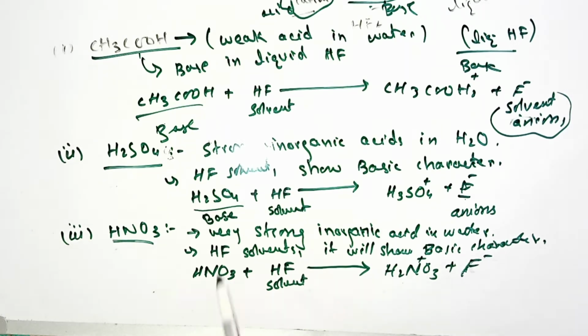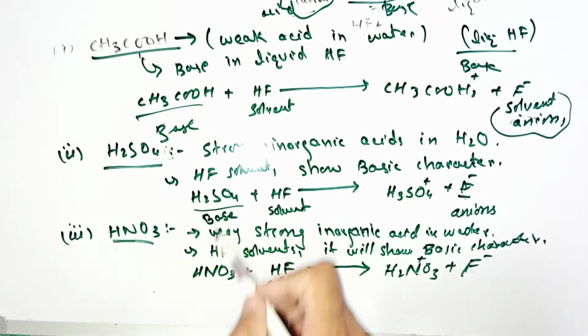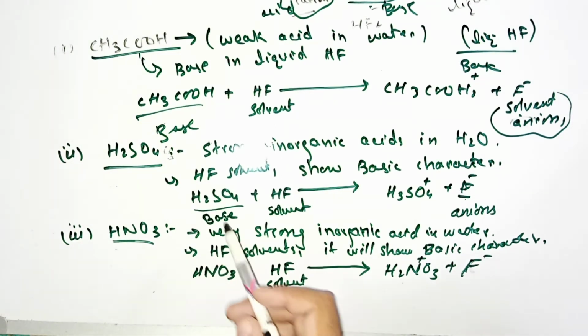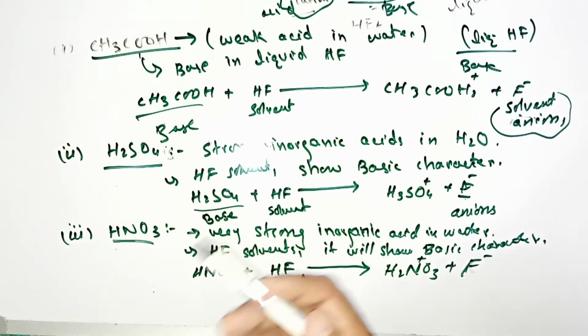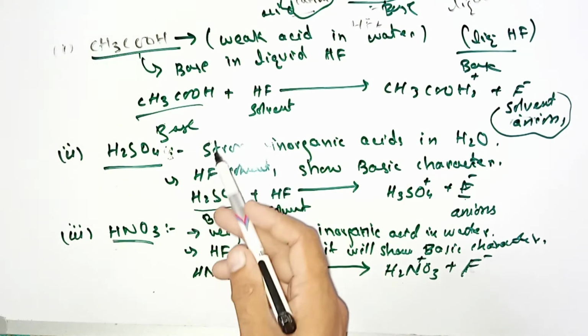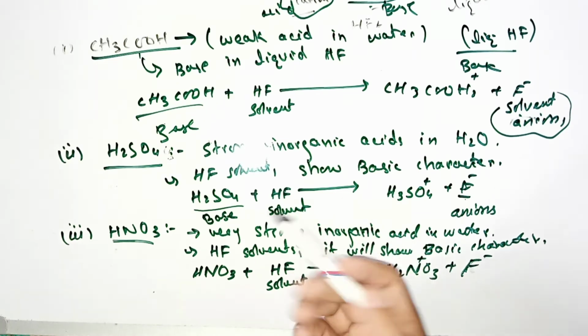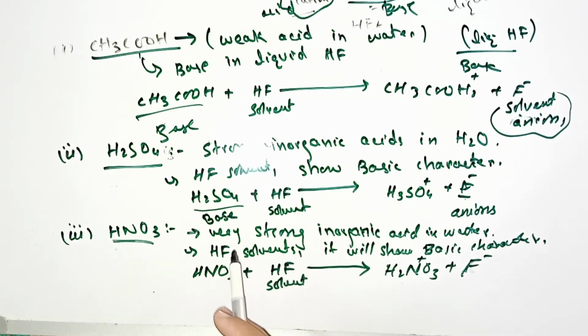Means the HNO3 or H2SO4 or CH3COOH, these all are proton acceptors in HF solvents. Actually these all are acids. HNO3, H2SO4, CH3COOH in aqueous solvent will give hydrogen ion in water, but here in HF solvent they will have the property of accepting proton.